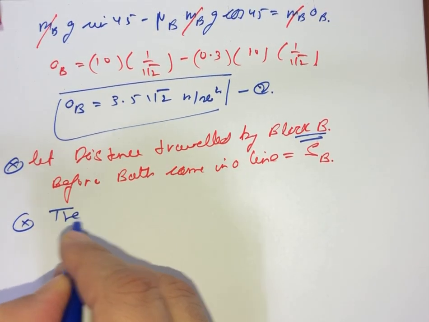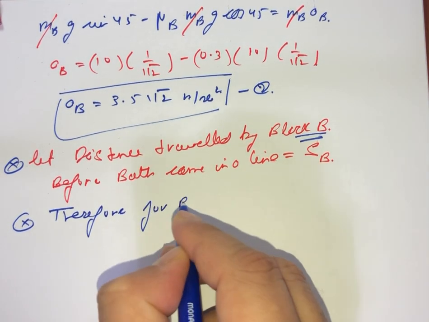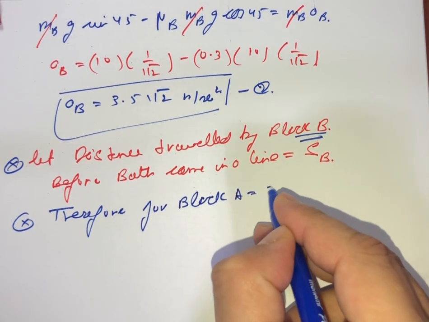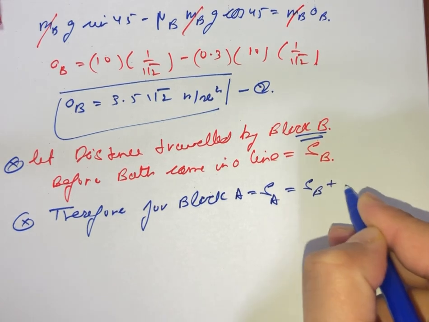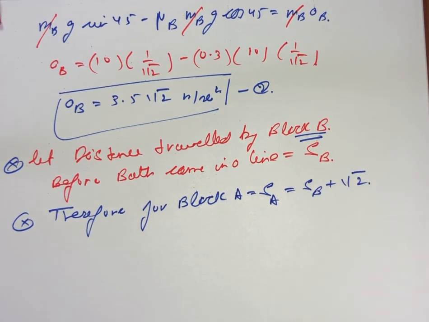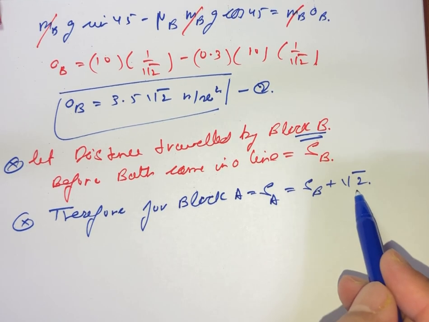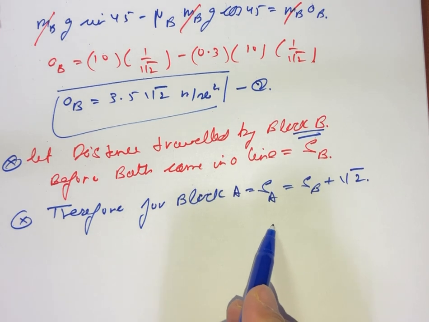Therefore, for block A, if it is SA, then SA will be equal to SB plus root 2, because A is already behind B by root 2.